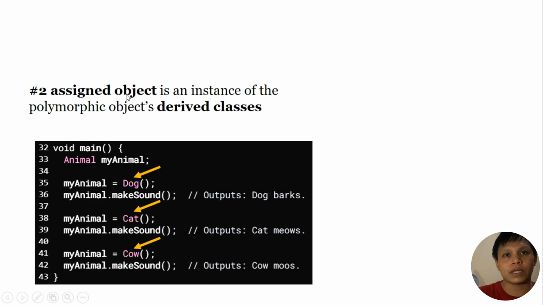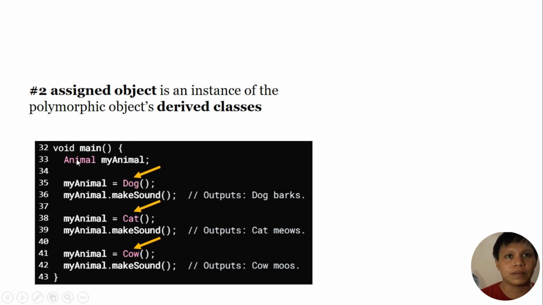Each object that we assign sa myAnimal is an instance of the polymorphic object's derived classes. Now, ano ba ito ibig sabihin na polymorphic object's derived classes? Let's recap. Ano ba yung class ng myAnimal, which is yung polymorphic object natin?